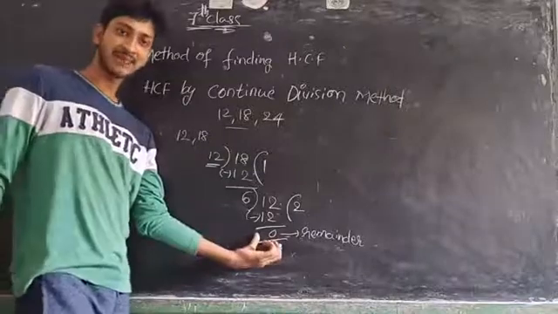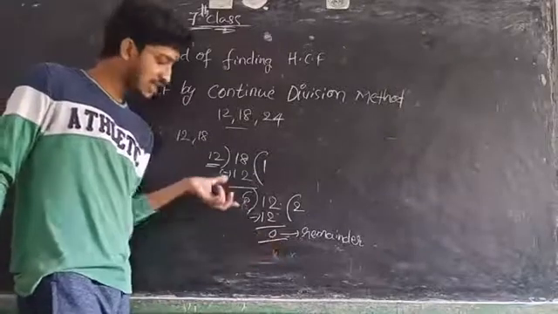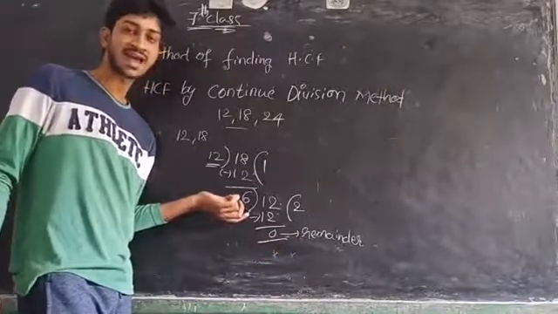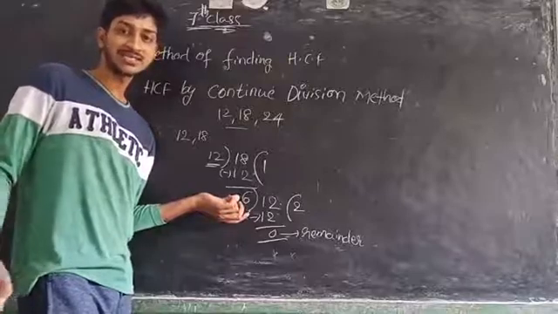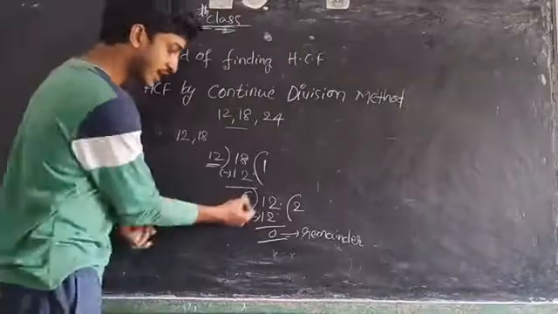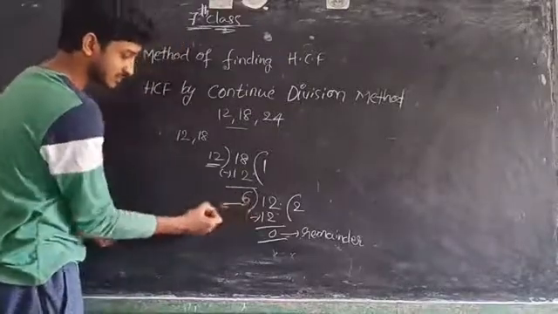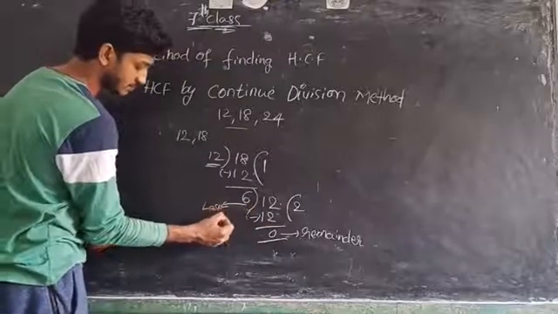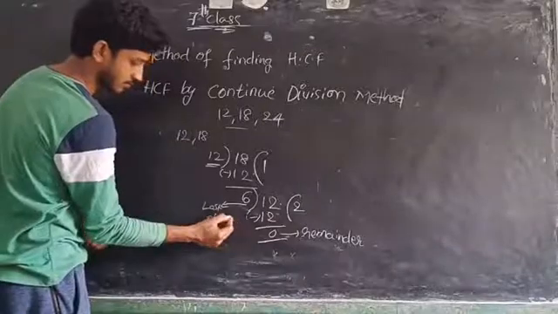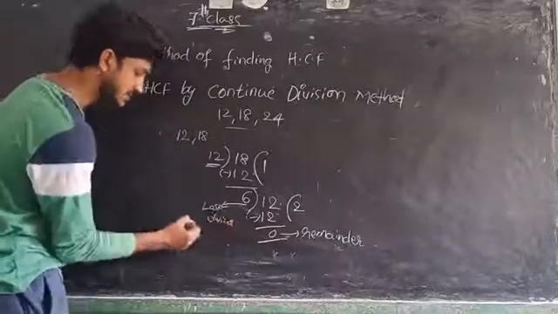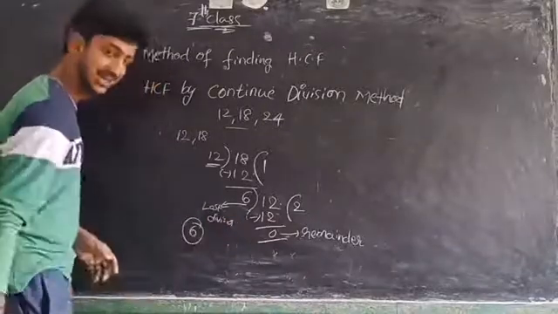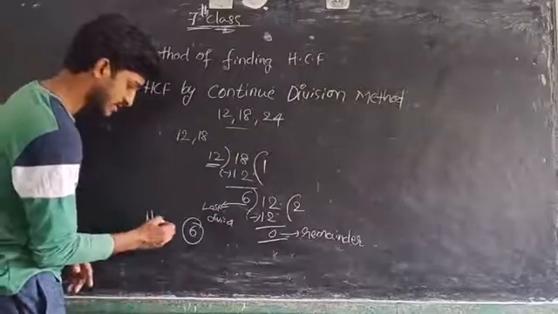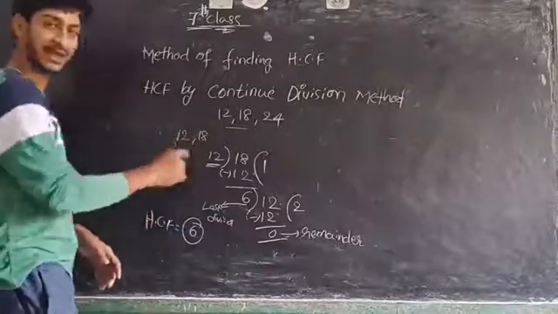Here the last divisor is 6. So 6 is the HCF for 12 and 18.